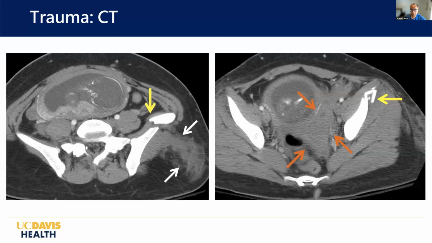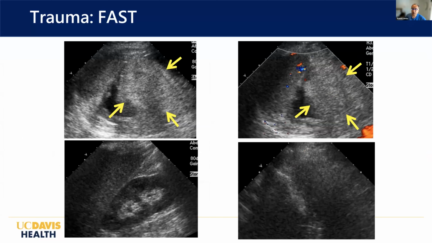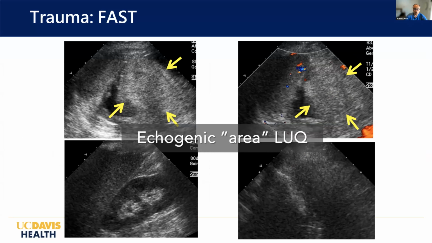Another example in trauma CT shows a large extraperitoneal hematoma, pelvic fracture, and extravasation in the soft tissues. This is a very interesting example. I love this image. It's a pregnant patient, second trimester, and a FAST scan was done. The FAST scan in the left upper quadrant, upper two images, shows a big echogenic area, and they said, well, this is a huge hematoma.